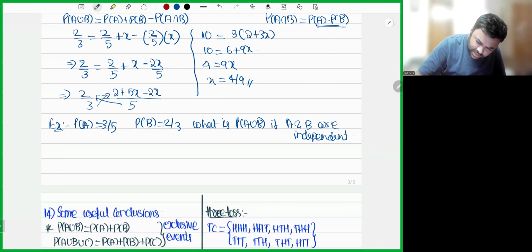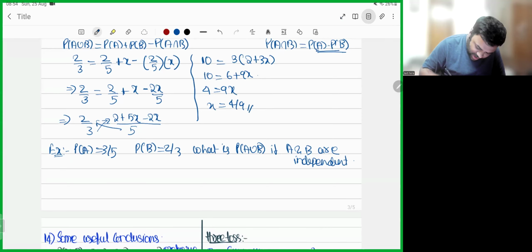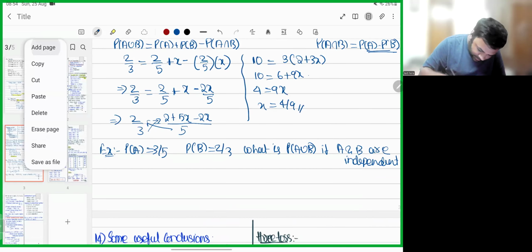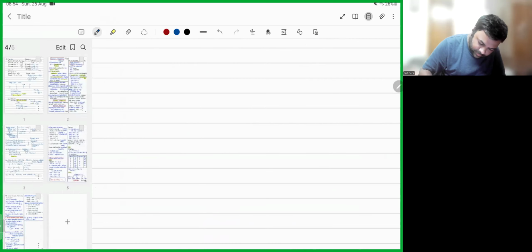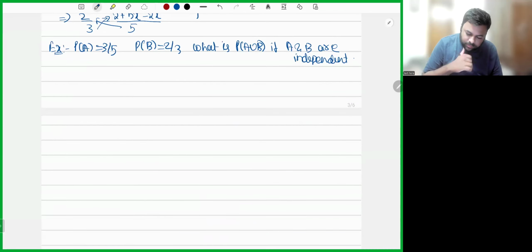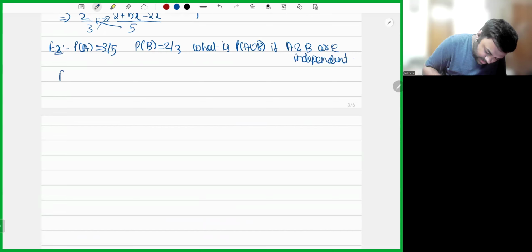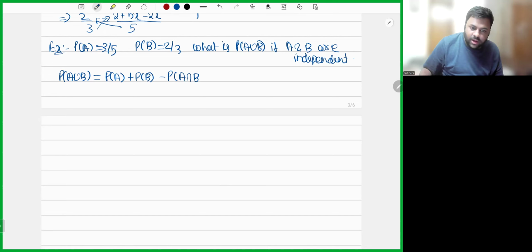Let's check the answer. He's telling, what is P of A union B if A and B are independent. Now, how will you get P of A union B? P of A union B is P of A plus P of B minus P of A intersection B, right?